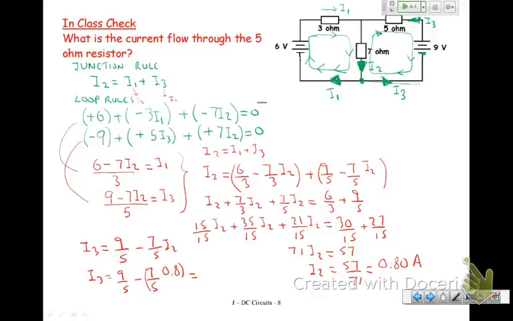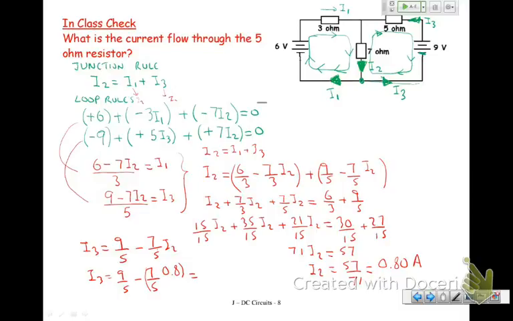On the calculator, 7 divided by 5, enter, times 0.8, enter. And then I go bracket 9 divided by 5, bracket minus second answer. I'm getting an answer.